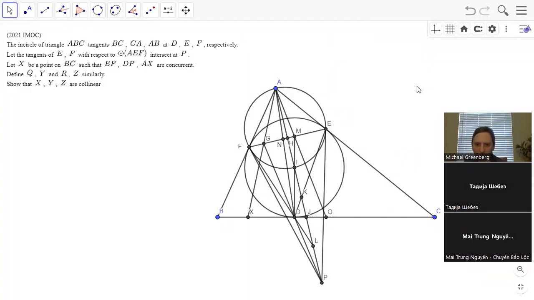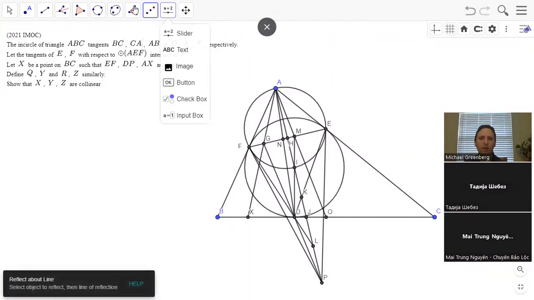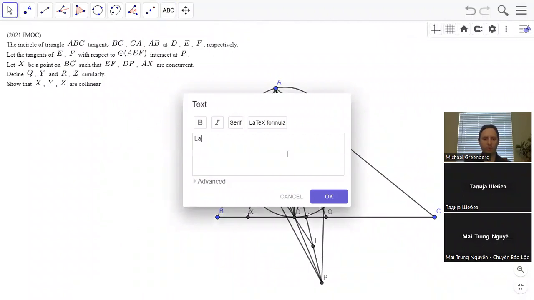H lies on the polar of P with respect to AFIE.